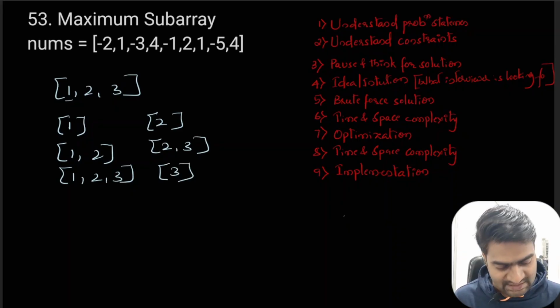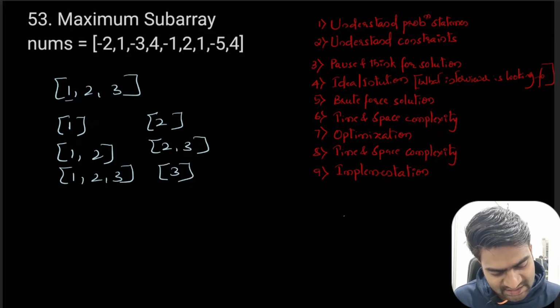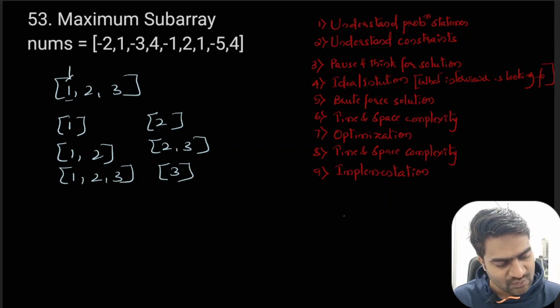Now, how did we generate these subarrays? Initially I took this particular number, then I took only this number, then I moved to the next number and took both the numbers, then I moved to the next number and took all the numbers.